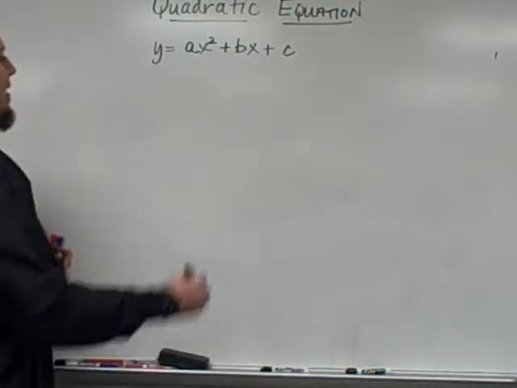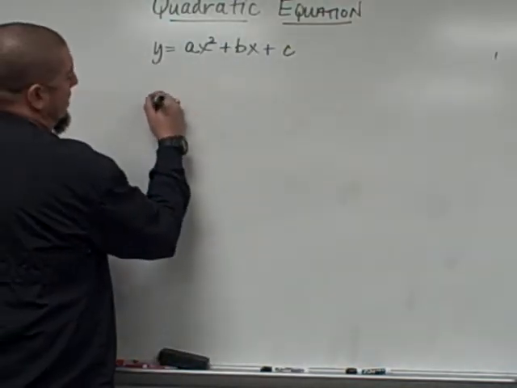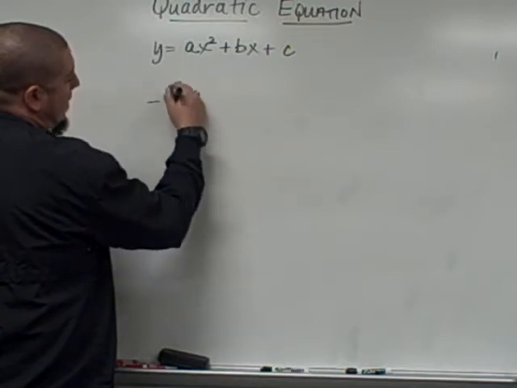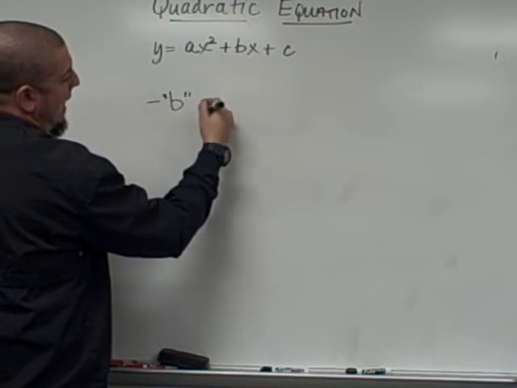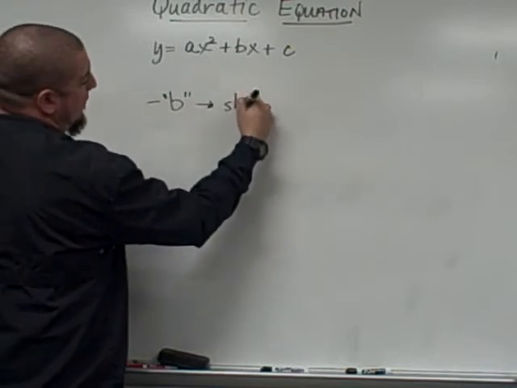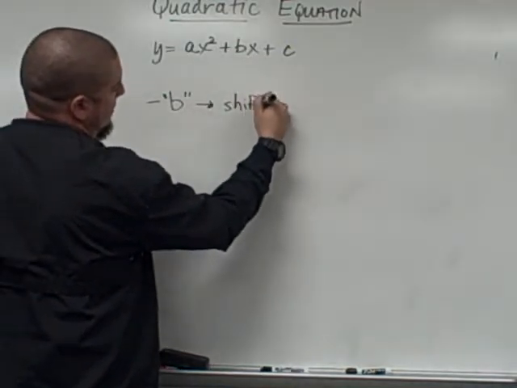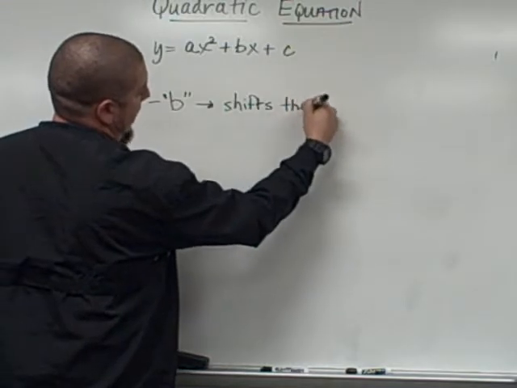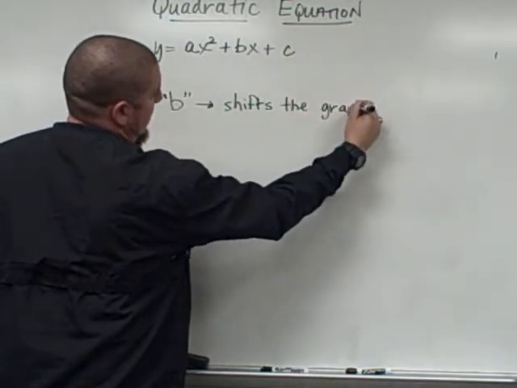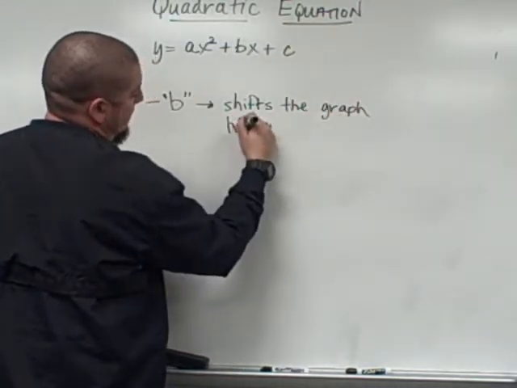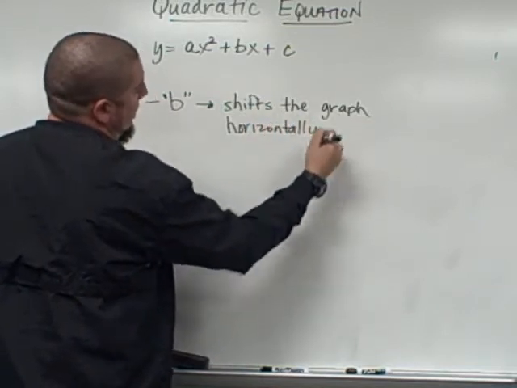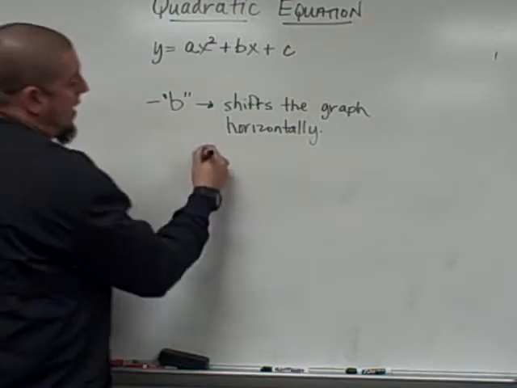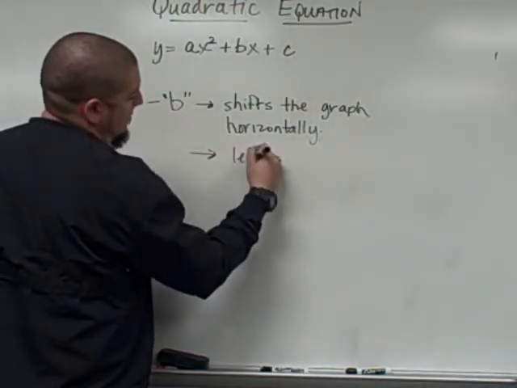So don't worry about as much information, but just know this, that the B, again, we're talking about this B right here, okay, shifts the graph horizontally. So shifting the graph means left and right.